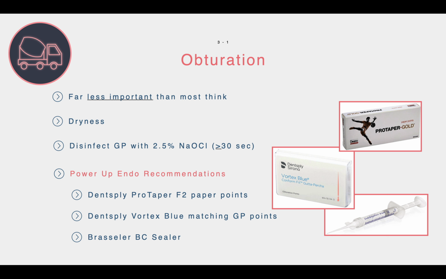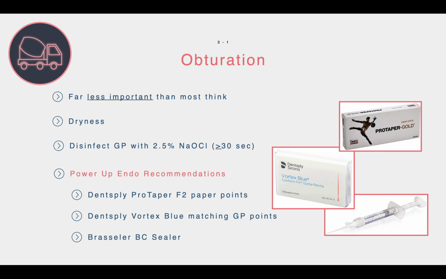And you want to use a gutta percha cone that matches the rotary system. So if I'm recommending the Vortex Blue system, you want to use the matching gutta percha points. Now, granted, not all the time will the matching gutta percha cone fit to length.